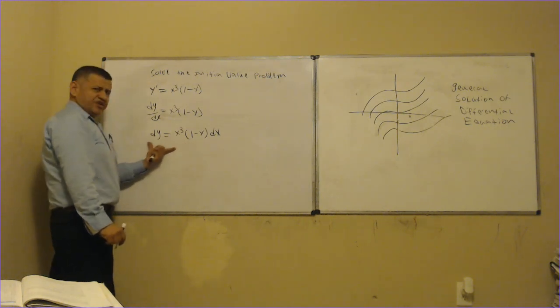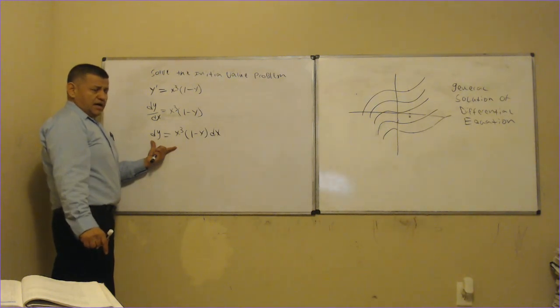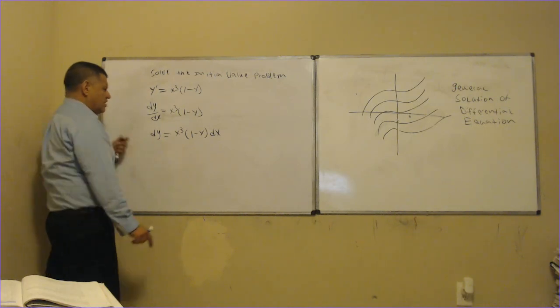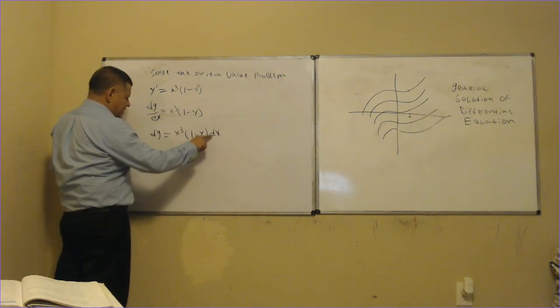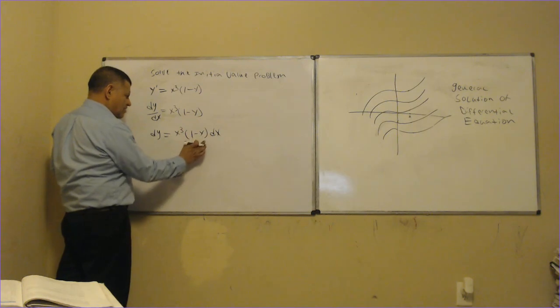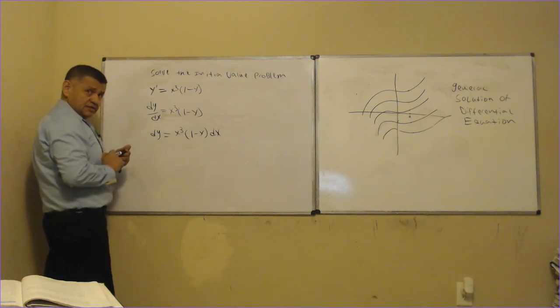Now, I have not separated the variables yet. What I will do is separate the variables by seeing what is in here. Well, I have a multiplication, which is a good thing, right?